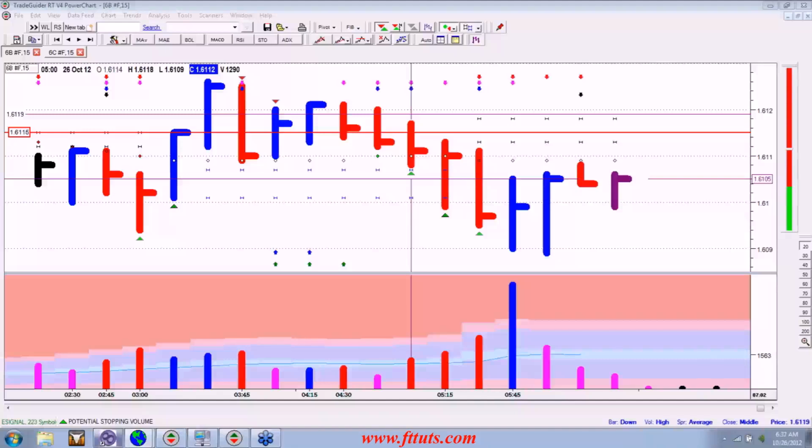So this is showing you here. You can look at the histogram down below, and you see how much smaller these two downwave volumes are compared to here and here and here. So that's a big clue. That's an important clue.